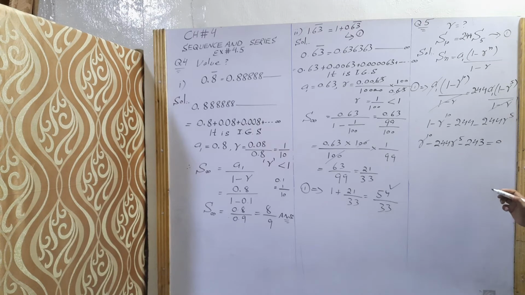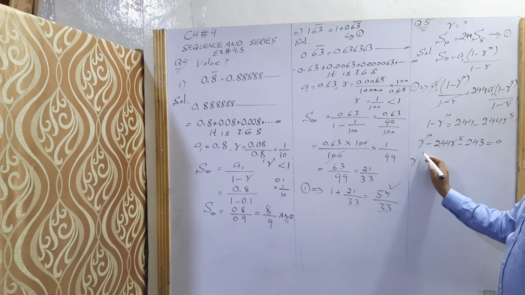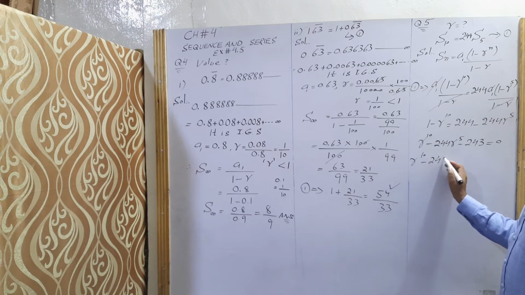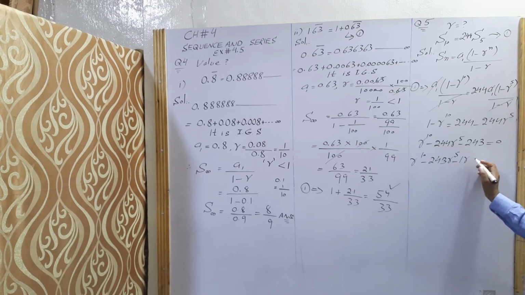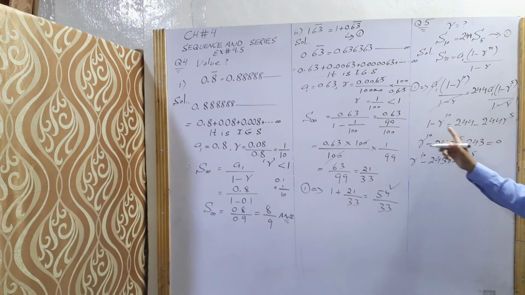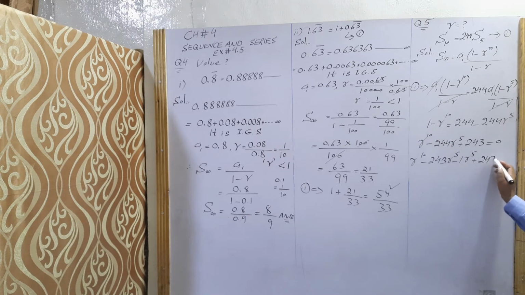So simply factorize and get the values of r: r^10 minus 244 r^5 plus 243 is equal to 0.